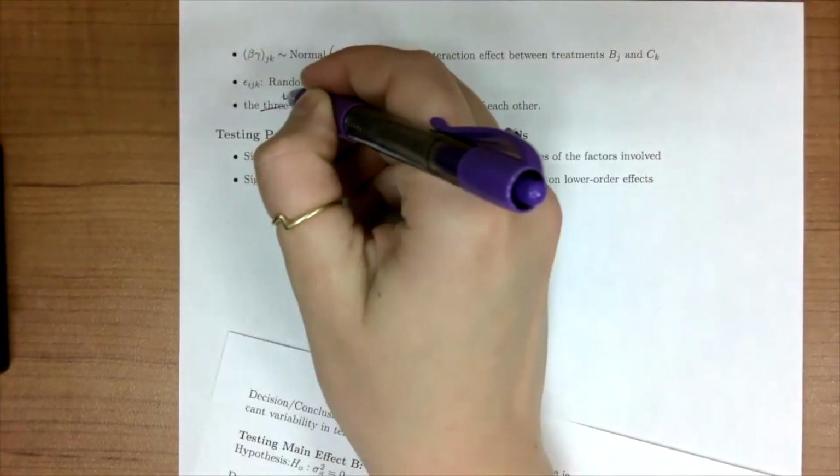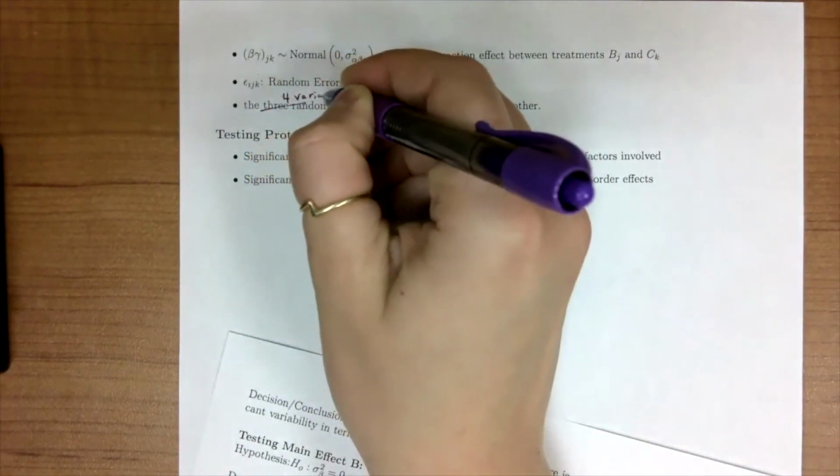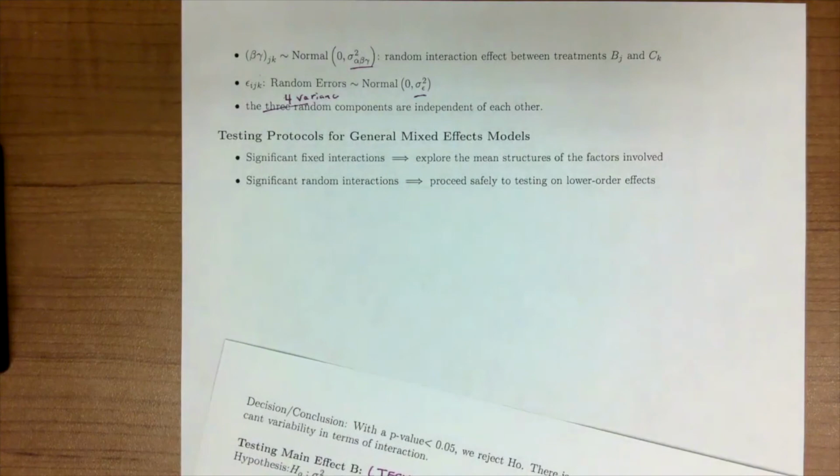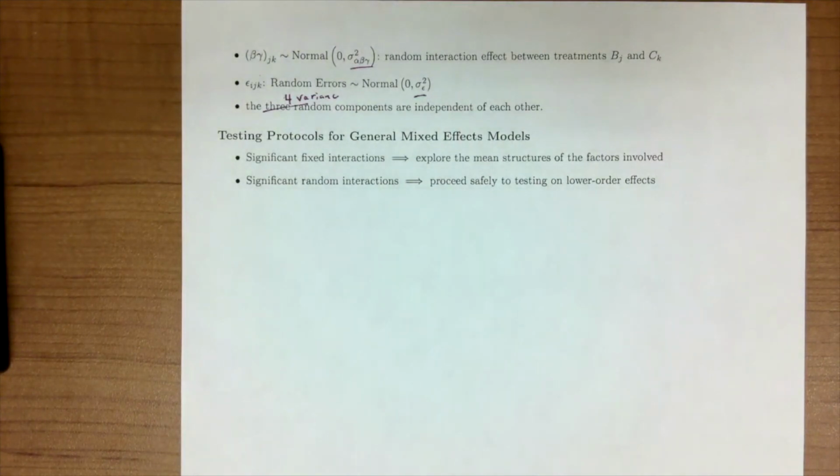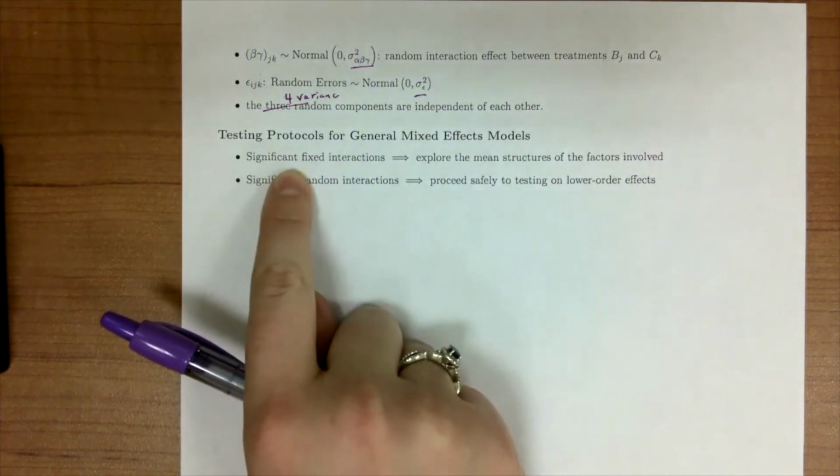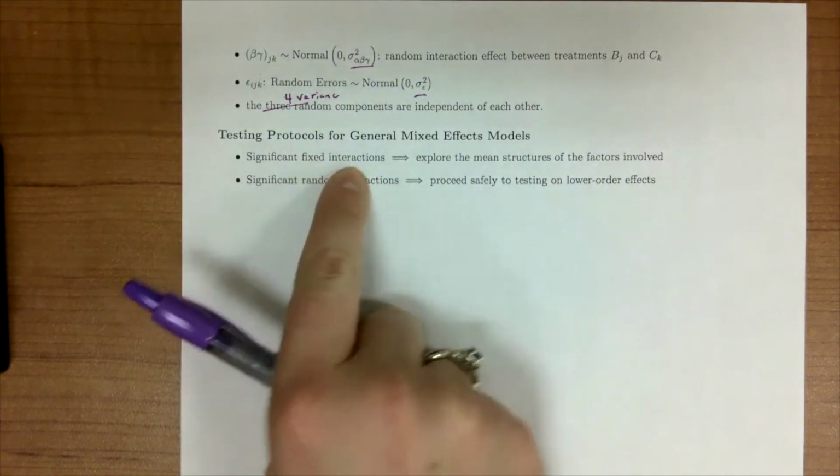So in this case, we would have 4 variance components.